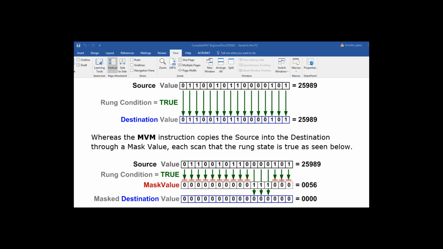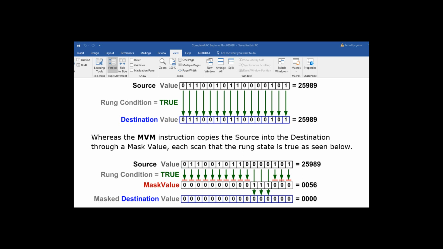Now you're probably looking there and saying, okay, in the source, the second bit is a 0, and the mask is 0, therefore it's not passed on to the destination, but the destination is 0 anyway. So we're talking about a value being moved into a destination, and if the destination reads 0, then basically you moved 0 into it. You can move 0 from a source to a destination, even though the destination was already 0.